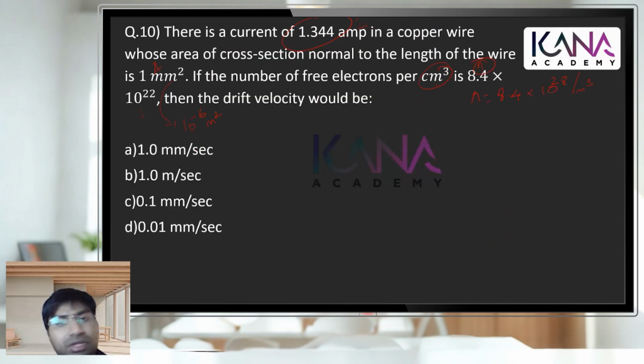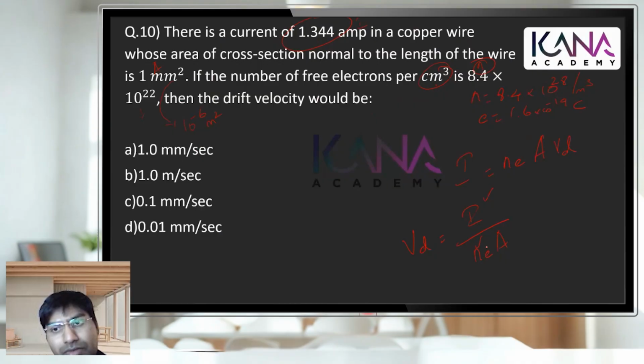Okay. So and then you know the electron charge value. It's 1.6 into 10 power minus 19 coulomb. So the formula here is that I is equal to n e A vD. Okay. So vD is nothing but I by n e A. Here we know what the I value is, it's 1.344.